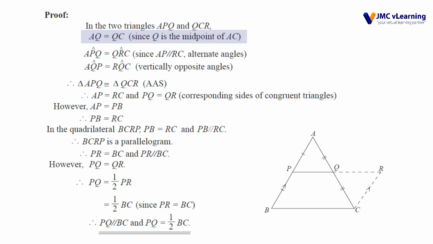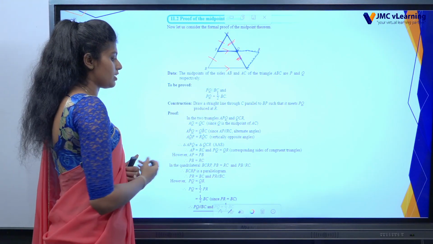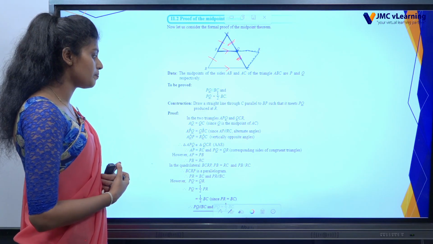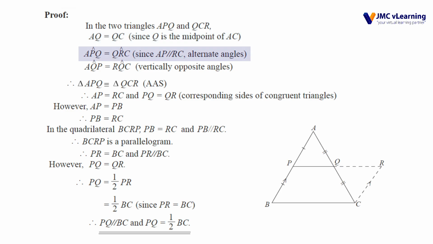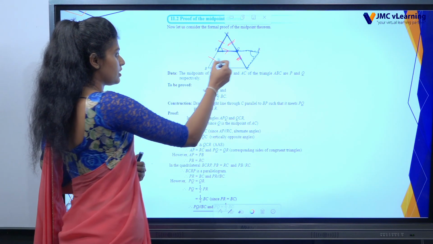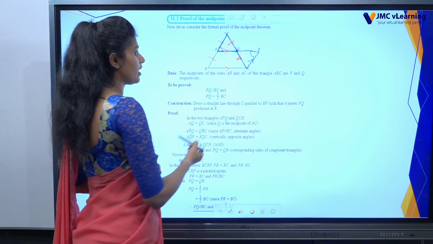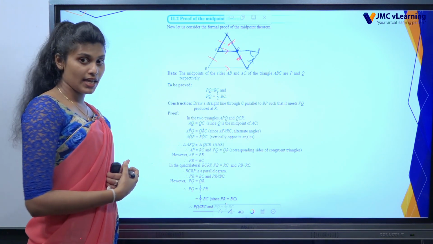AQ is equal to QC. AQ and QC are equal to each other because we know Q is the midpoint of AC. Then next part is APQ angle is equal to QRC. Why is that? Because this CR we have drawn parallel to AB.